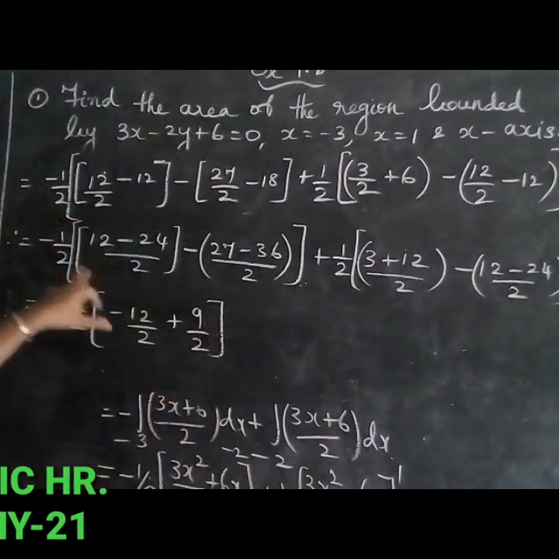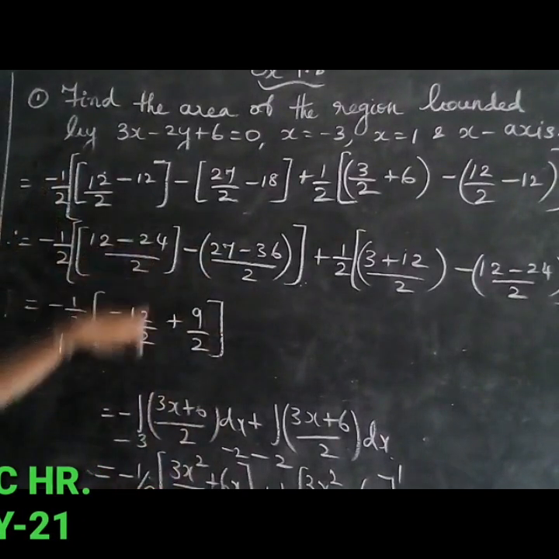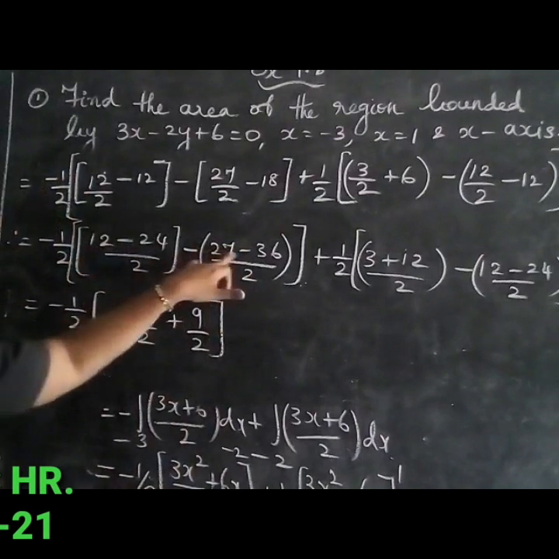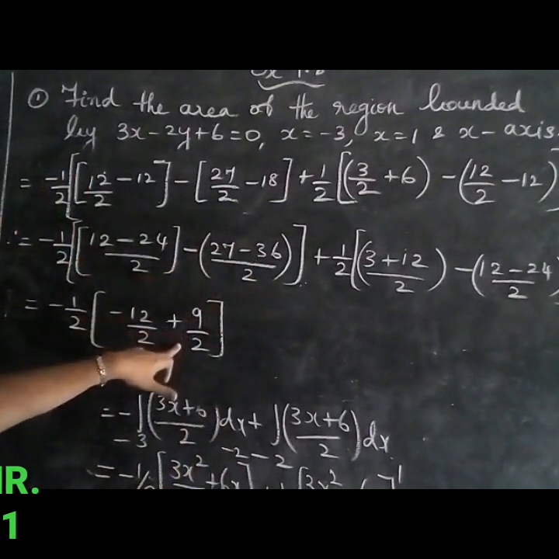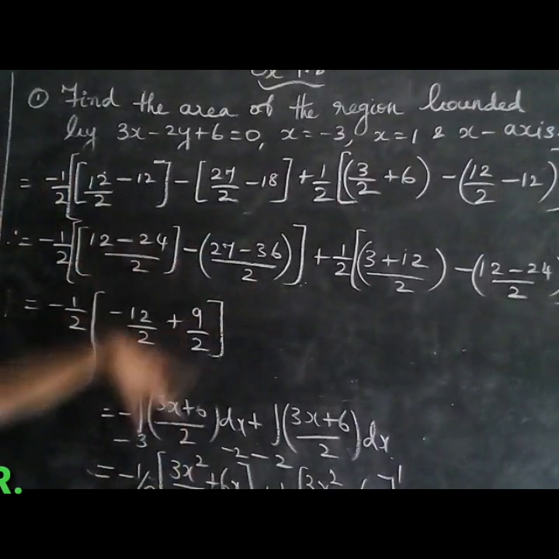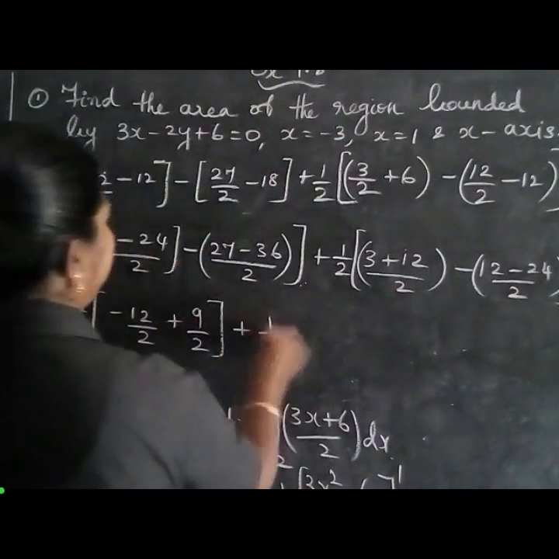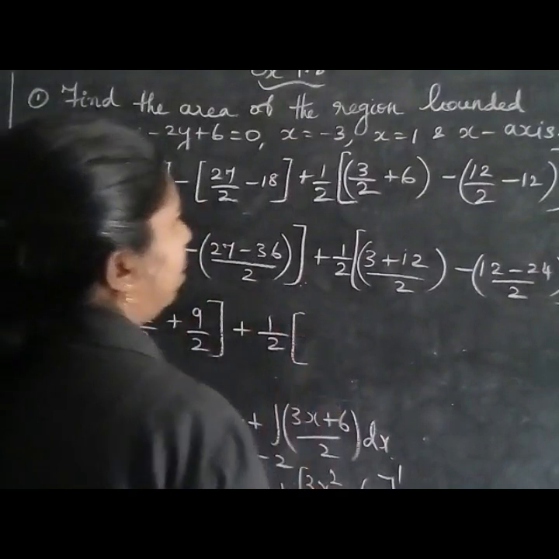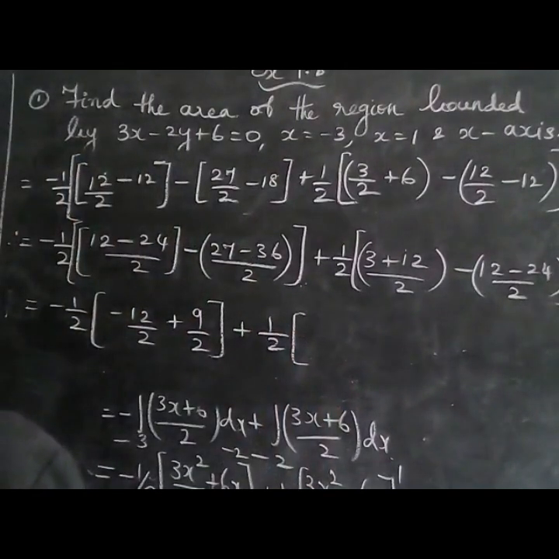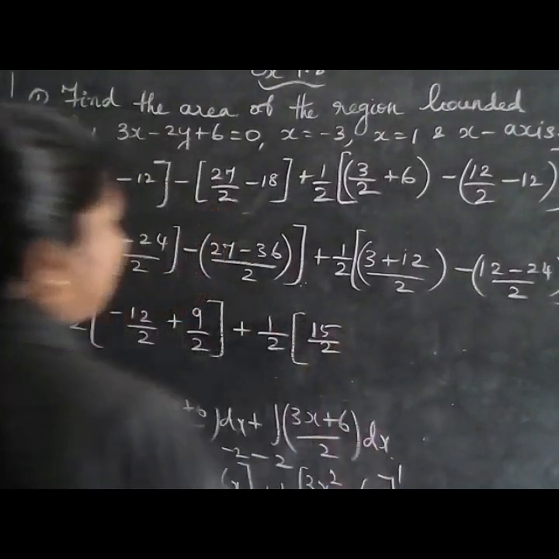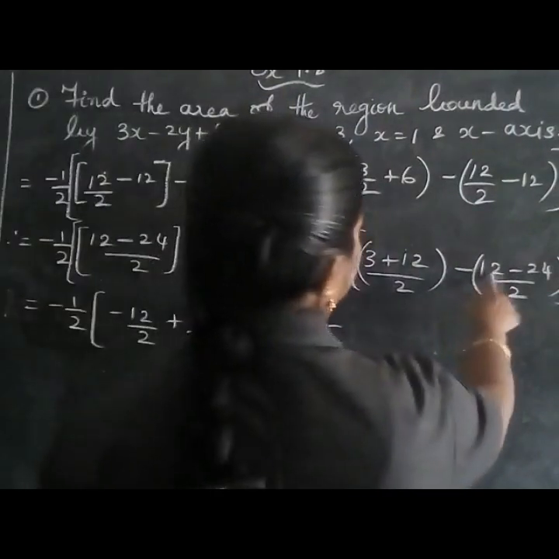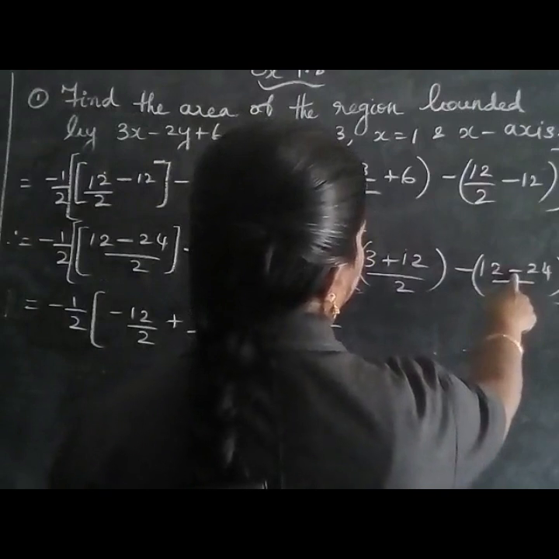For the first integral, minus 1 by 2, 12 minus 24 minus 12 plus 27 minus 36 minus 9. Another one minus is there, plus 9 by 2. Then for the second integral, 1 by 2 into, here we are having 3 plus 12, 15 by 2. The next part here we are having minus 24.